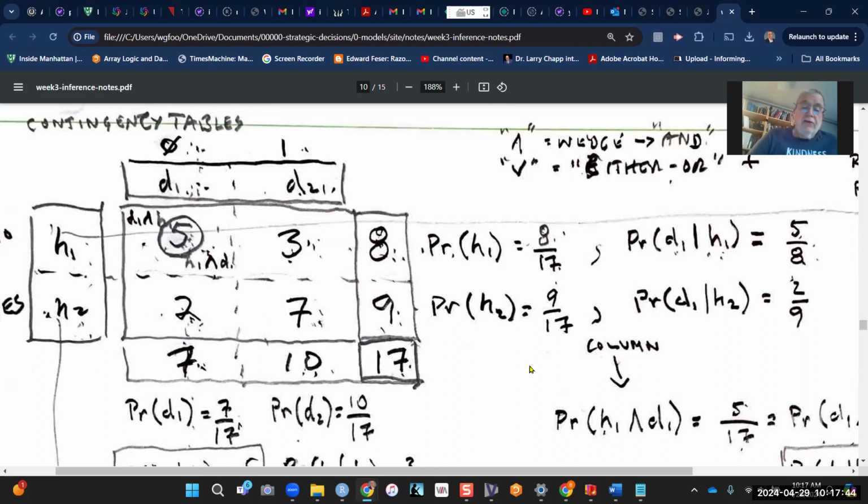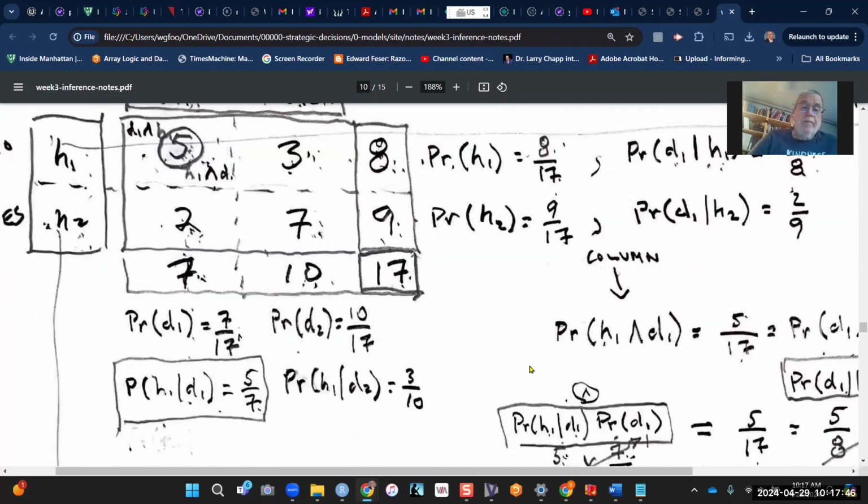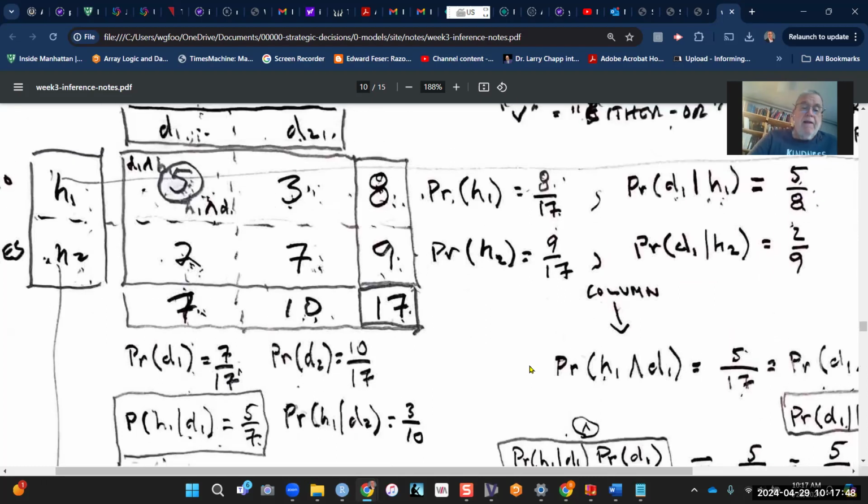Now, here's the flip. We went row-wise, now we go column-wise. The flip is the probability that we see D1, which is no predation, that's 0, is 7/17 out of all the total ways. And D2 is 10/17 out of all the total ways.